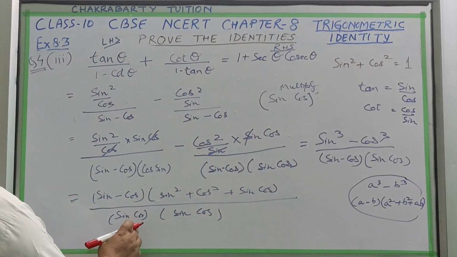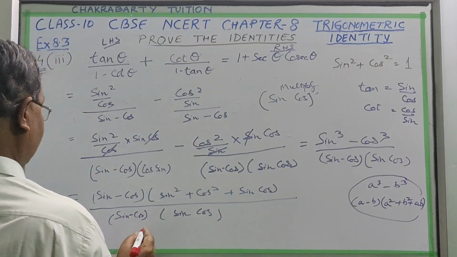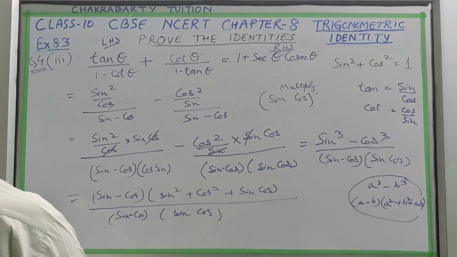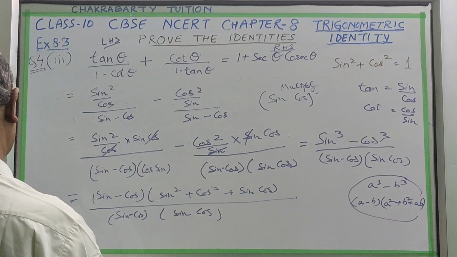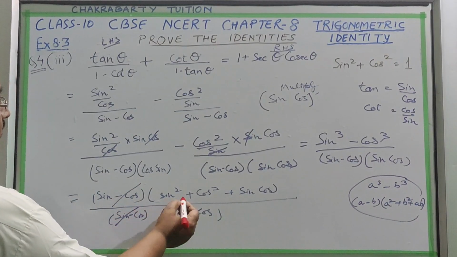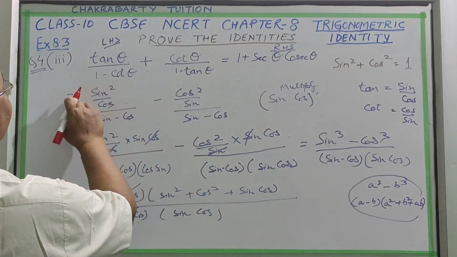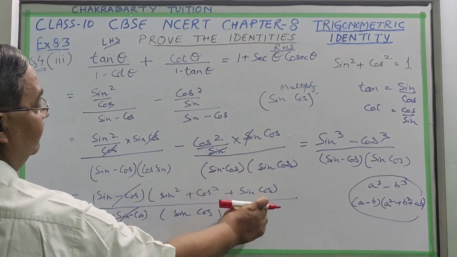So what will happen? Sine minus cos, now this will go out. What will remain? This portion will remain with you. From here we will again go and we will do the rest.